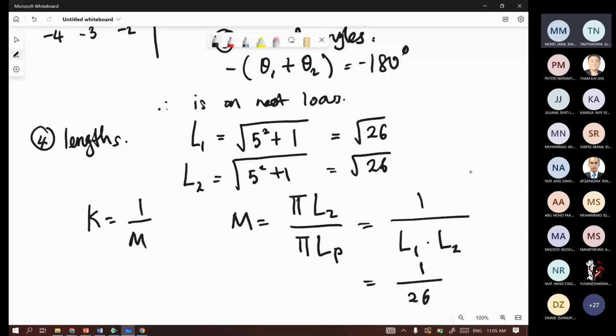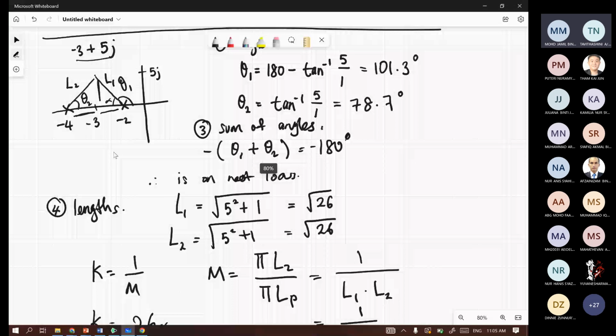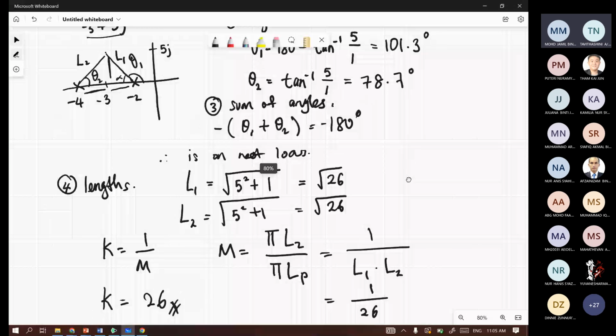So substitute into here, you get K equals 26. Okay, so this is the gain at that point, minus 3 plus 5j. Okay, so that's it for this tutorial.